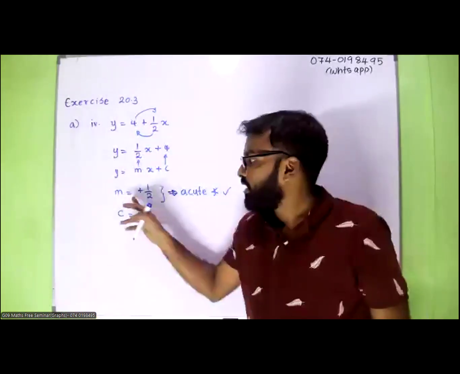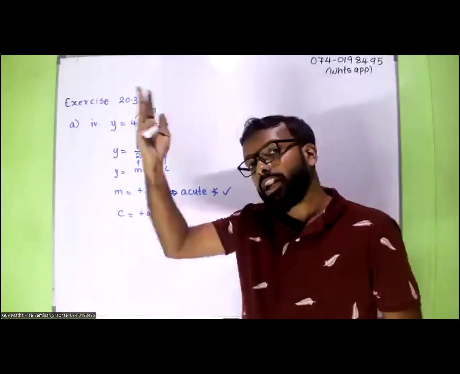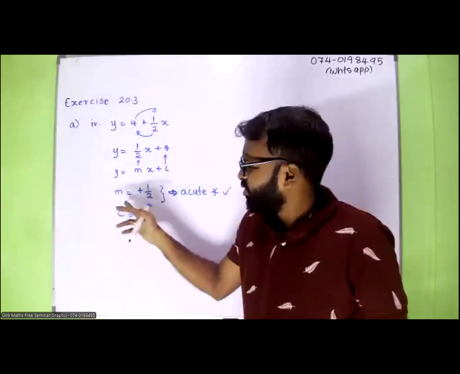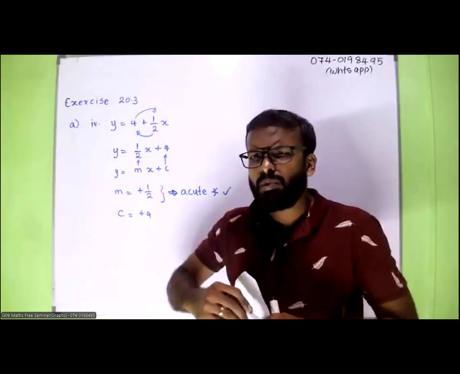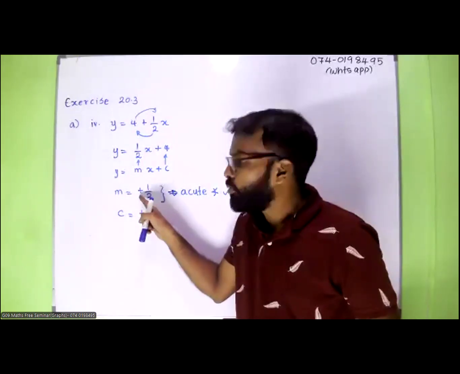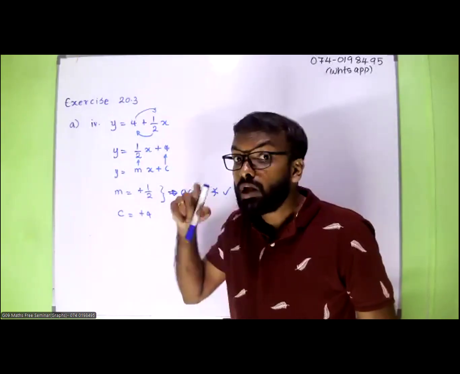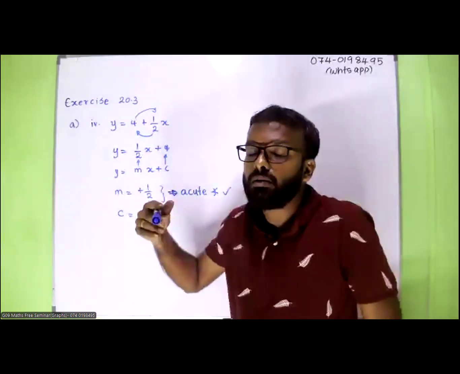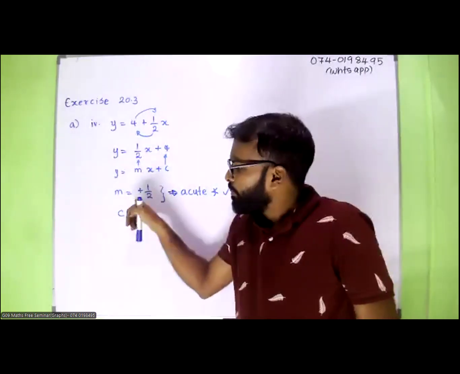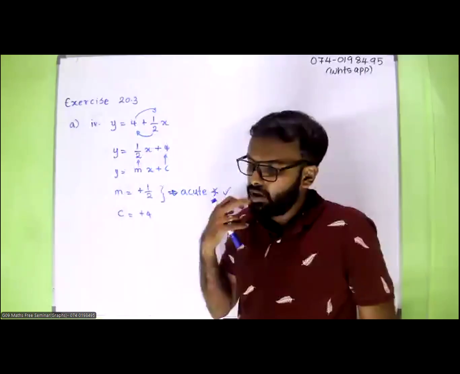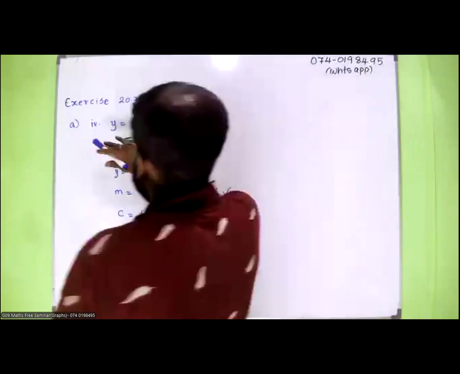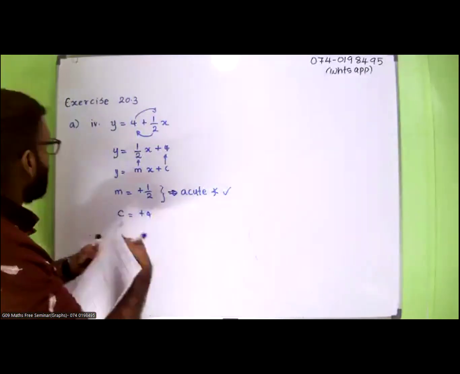In any case, if m becomes negative, then it is an obtuse angle. If m is positive, the graph makes an acute angle with the positive direction of the x-axis, and if m is negative, an obtuse angle. Done. This is how we are going to do part A.